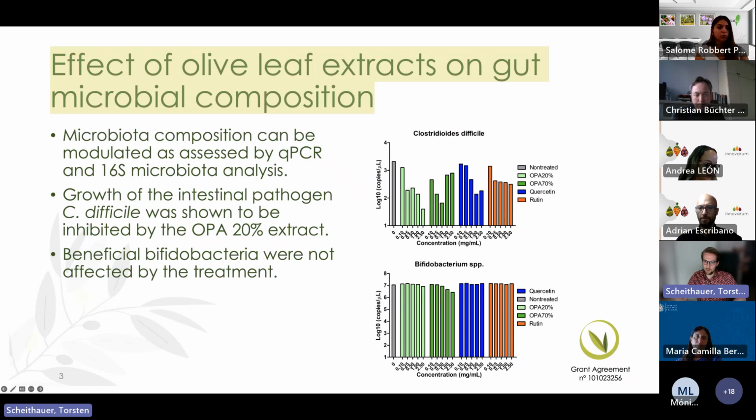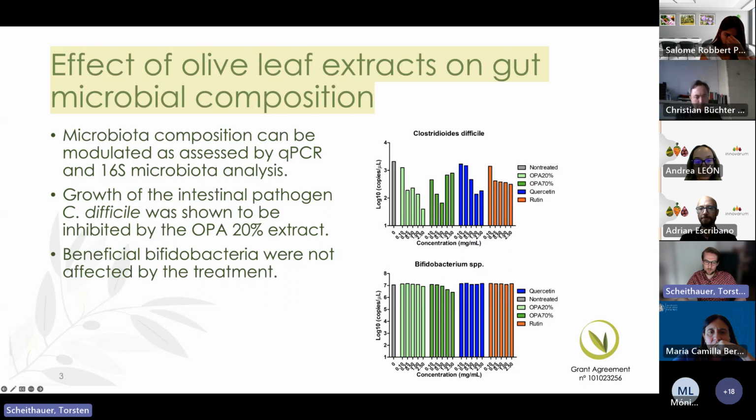Neither the OPA20 nor the OPA70 really showed a strong effect on the abundance of this Bifidobacterium. But if we look at the Clostridium, which is a known pathogen, which can induce diarrhea in humans, we saw that especially the OPA20 gave a nice, almost dose-response reduction. So the more OPA there is, the more Clostridium difficile was reduced in abundance.